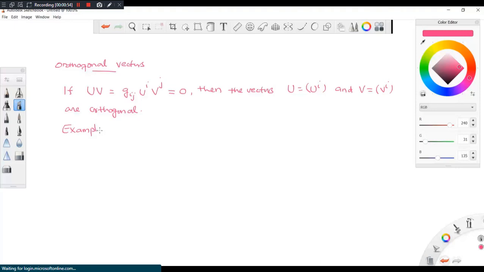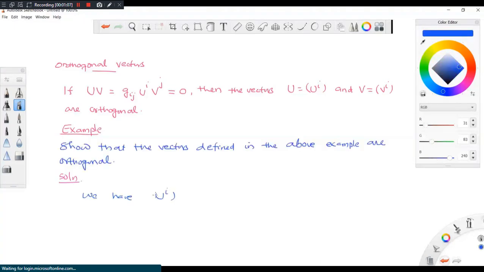Okay, when I say above example, you know what is that? We have the U^i, the contravariant component, 3 by 5 and 4 by 5x1, and V^i is equal to minus 4 by 5, then 3 by 5x1.